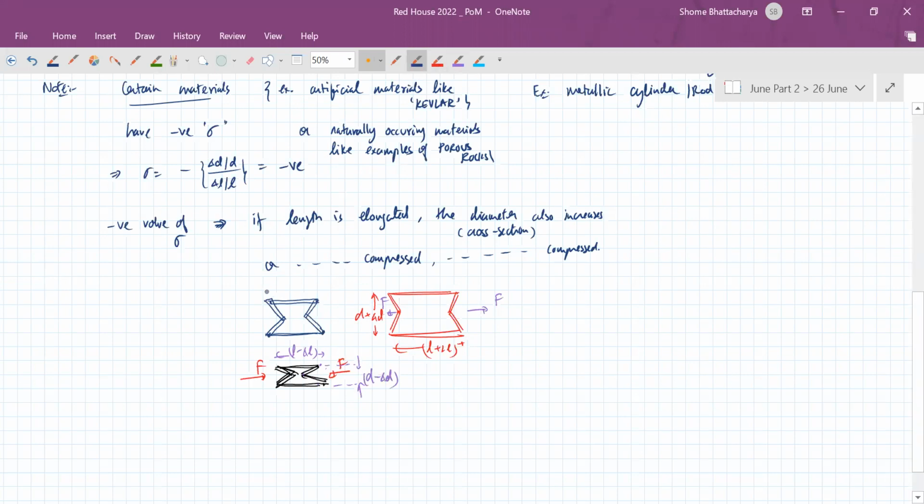So this is like an imagined artificial structure made of rods which are hinged together.